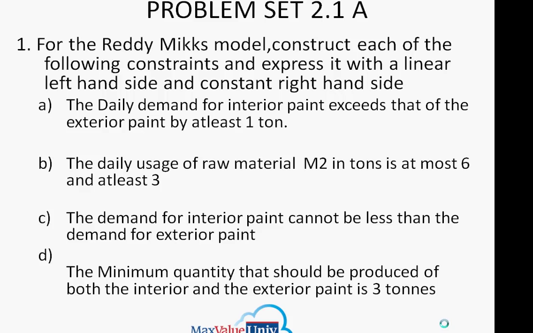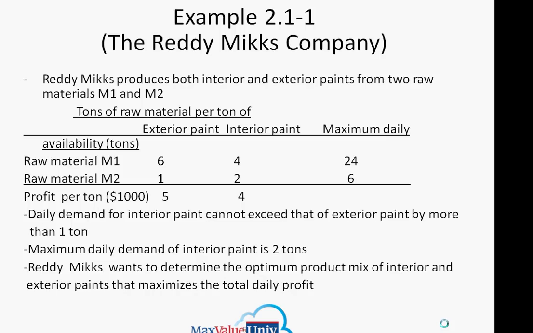Before we go to that, a quick revision of the actual ready mix company problem. This would be 2.1.1, and on page 9 of your book, I'm sure you have seen this solved example where you had the ready mix company, where they produce both interior and exterior paints from 2 raw materials M1 and M2, with tons of raw material per ton of exterior paint, interior paint, and maximum daily availability.